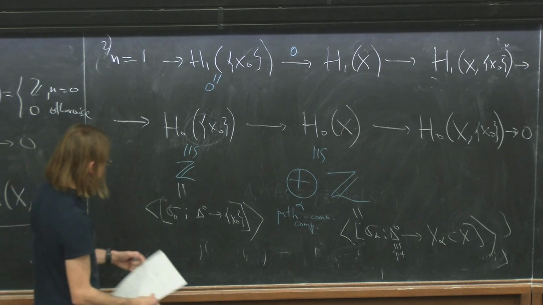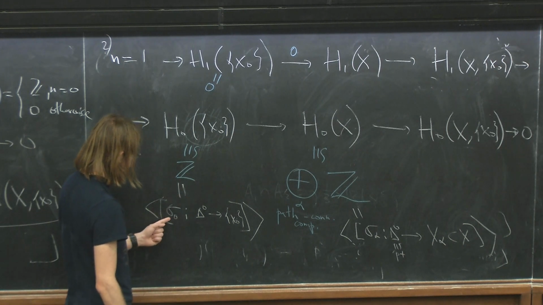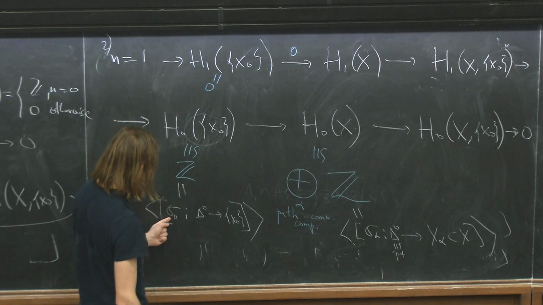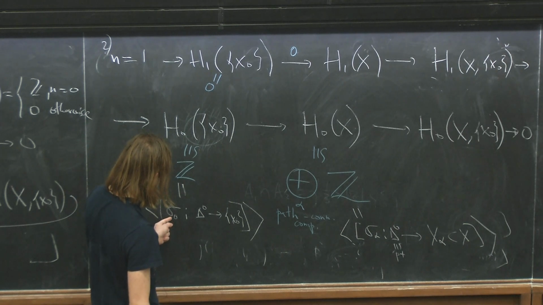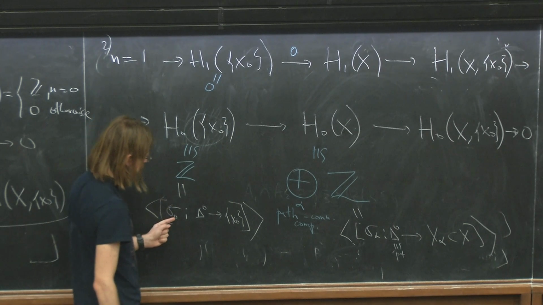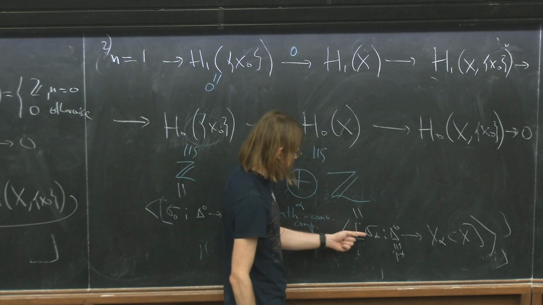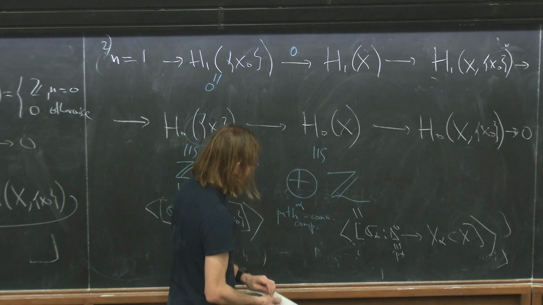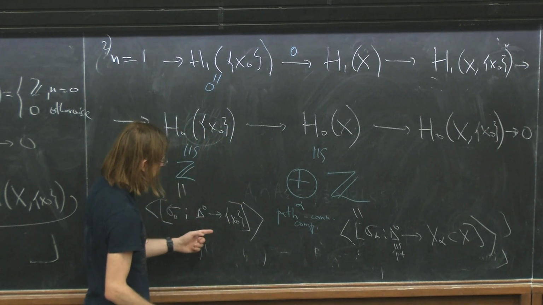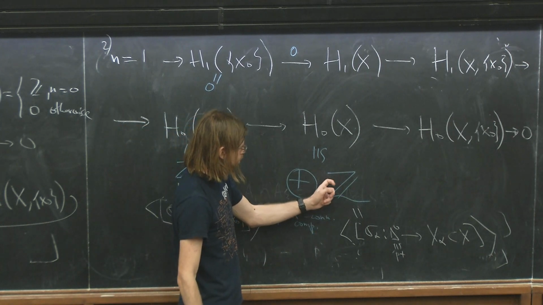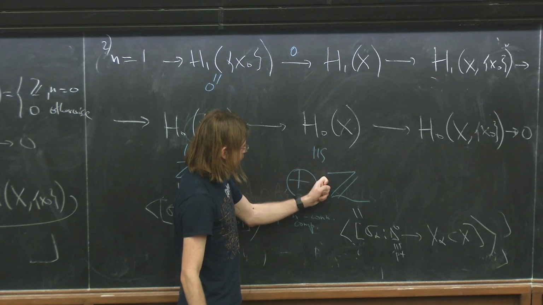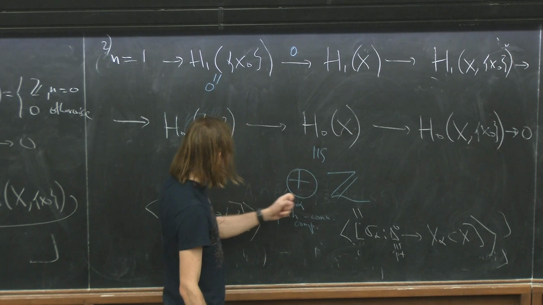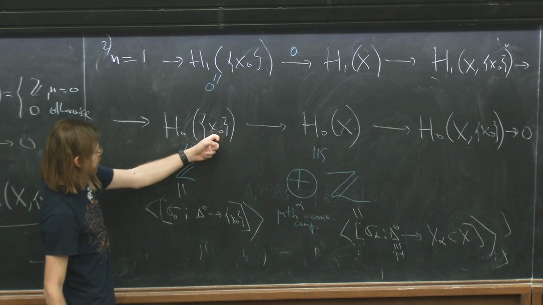Essentially, this means that this generator is mapped to the generator corresponding to the path-connected component which contains this point.